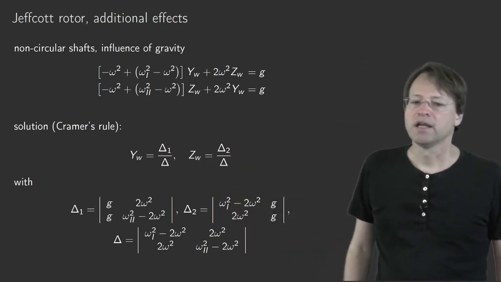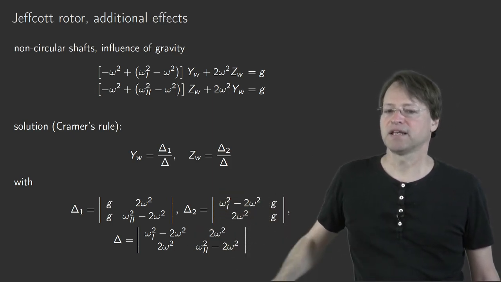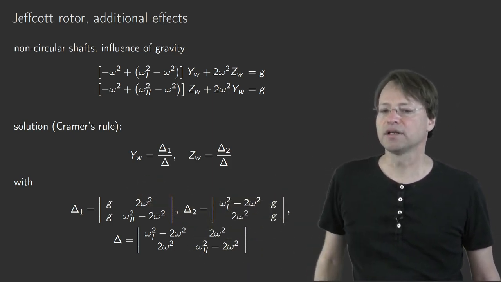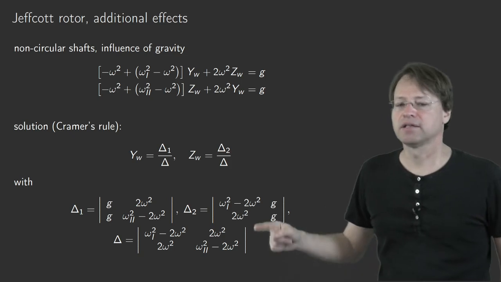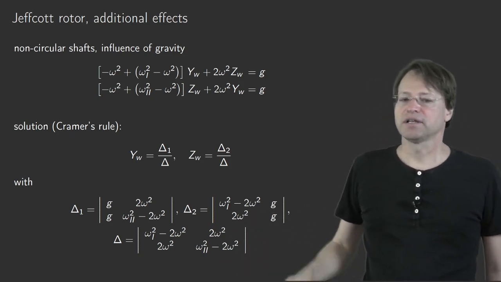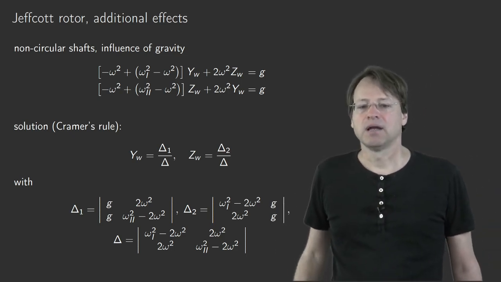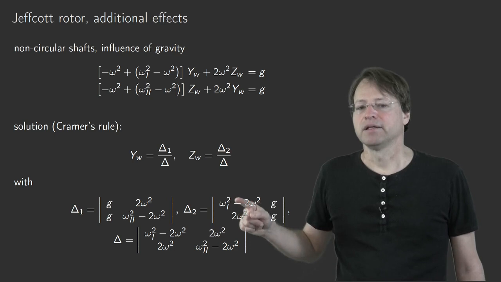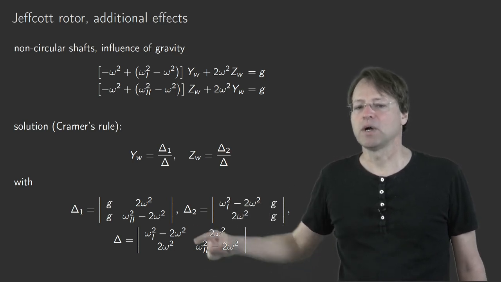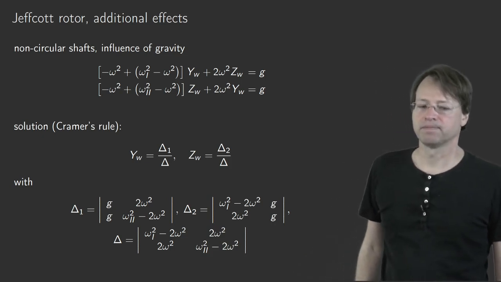If now I replace the first column by G's, then I arrive at delta sub 1, which is then G, G, and 2 omega squared, omega 2 squared minus 2 omega squared. And if I replace the second column by G, G, then the first column is omega 1 squared minus 2 omega squared and 2 omega squared.